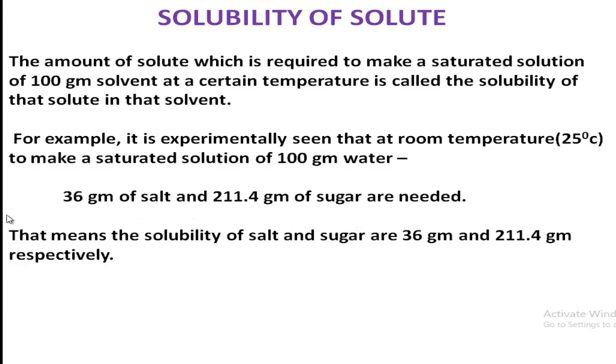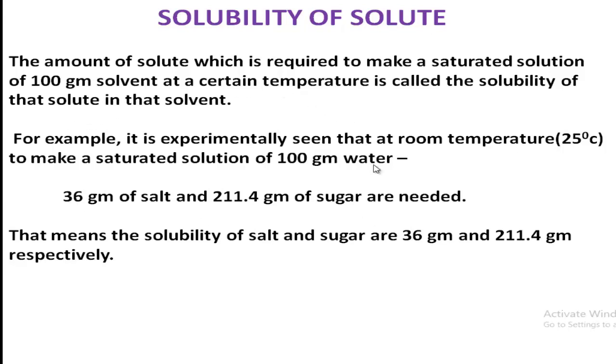Understood, my dear students? Because 36 gram salt is needed to make a saturated solution of 100 gram water at room temperature, that is 25 degrees centigrade, and 211.4 gram sugar is needed to make a saturated solution of 100 gram water at 25 degrees centigrade. So this amount is the solubility of salt and sugar.